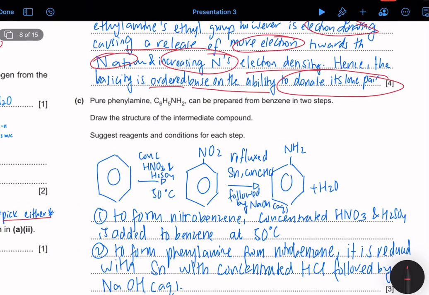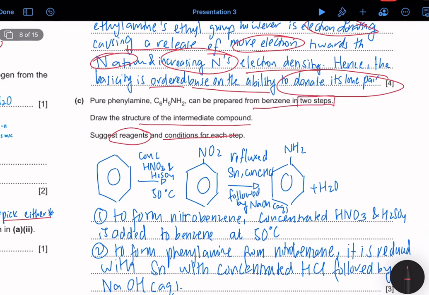Alright, for question C, pure phenylamine, C6H5NH2, can be prepared from benzene in 2 steps. Draw the structure of the intermediate compound and suggest the reagents and conditions for each step. So this one is a 2-step reaction.